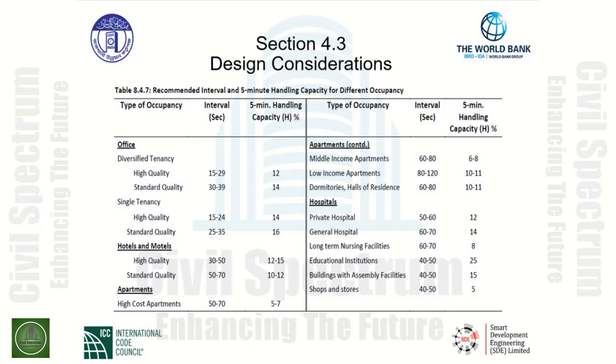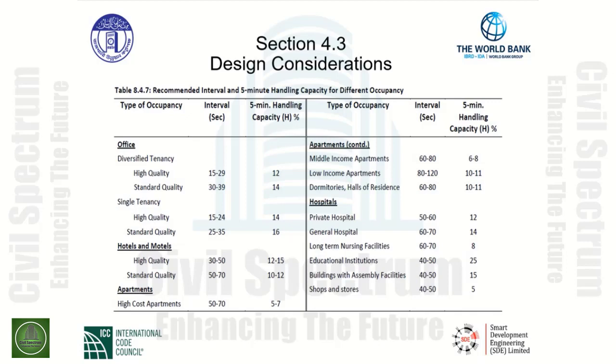The hospital category provides us with private hospital, general hospital, long-term nursing facilities, educational institutions, buildings with assembly facilities, shops, and stores. The second column gives us our interval in seconds that ranges depending on the category and specifics within that category.